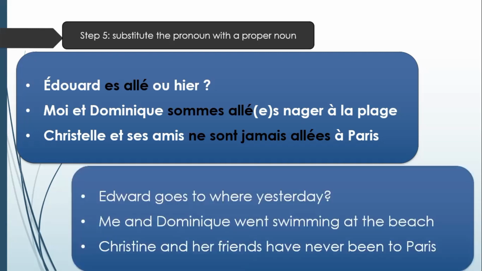We have our interpretation here. We have Edward goes to where yesterday, or where did Edward go yesterday? We have me and Dominique, or I and Dominique went swimming at the beach, and we have Christine and her friends, who have never been to Paris. So those are the interpretations of these words.